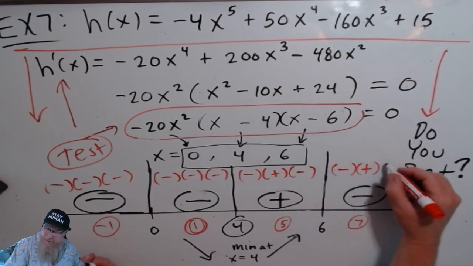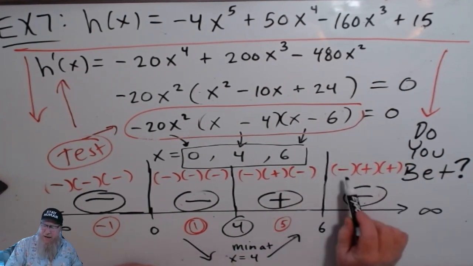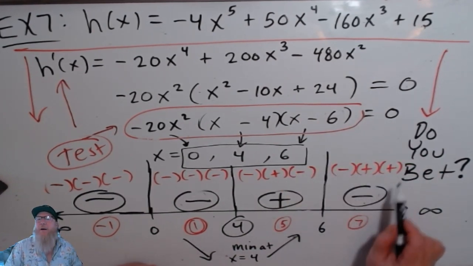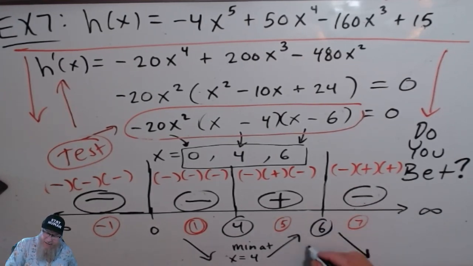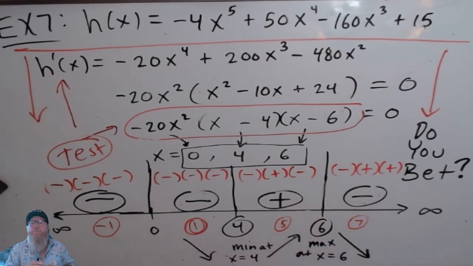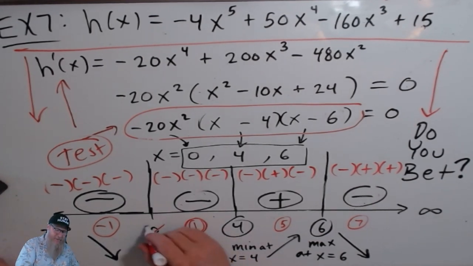And 7 minus 6 is positive. A negative times a positive is in fact negative. So that one is decreasing. And so I have a max at x equals 6. All right, and this is neither.